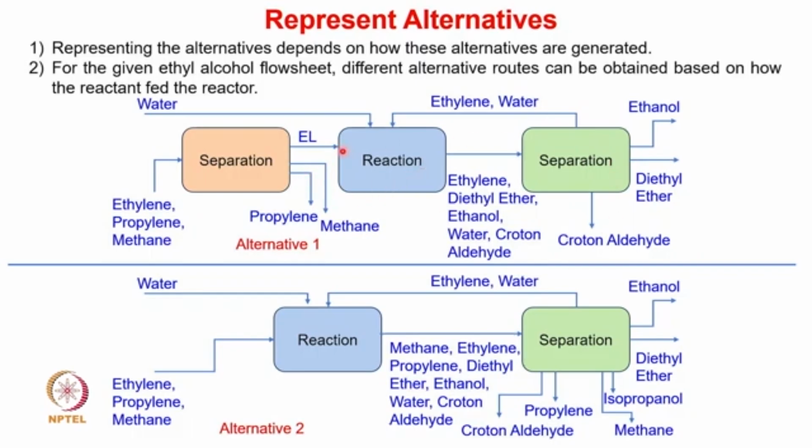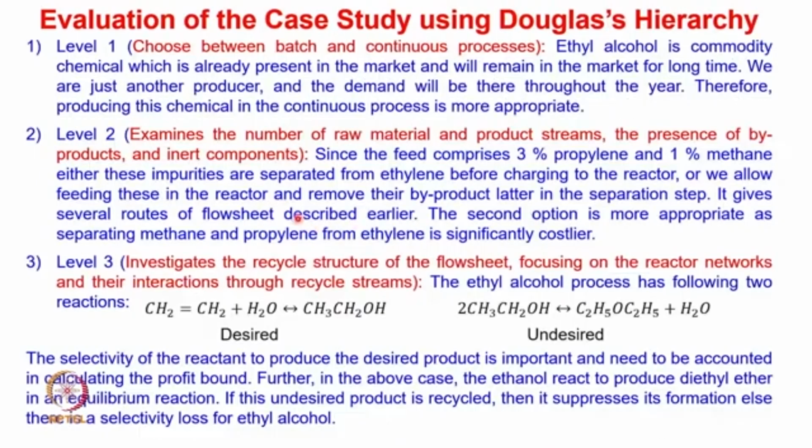So clearly this particular alternative is not viable, but another alternative where ethylene, propylene and methane mixture is charged to the reactor, and then propylene and methane are separated. Also the byproduct like isopropanol are separated in the subsequent recovery unit. So clearly different options we can check in level 2, and based on that the best option we can select.